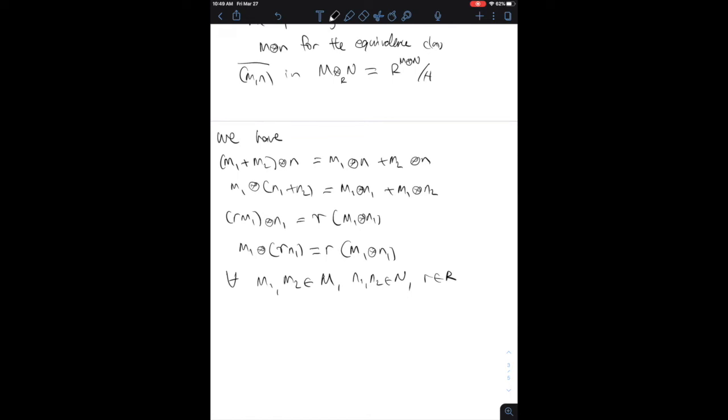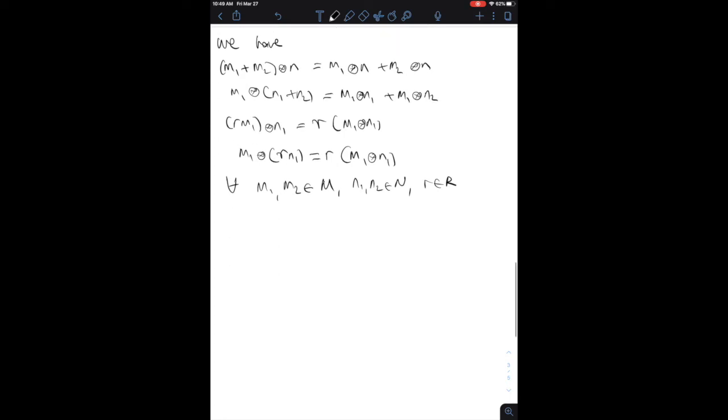The fact that we have these relations means that we have all the natural operations that you would like a tensor product to have. So you have these natural additions in the first and second coordinate, and multiplication by scalars operates in the natural way with respect to the module structures of M, N, and the tensor product. Okay.